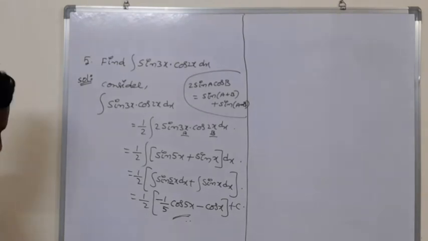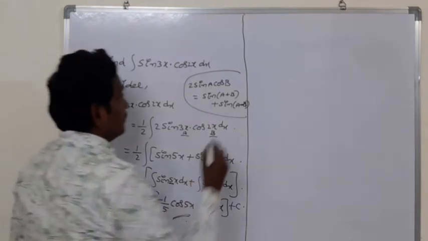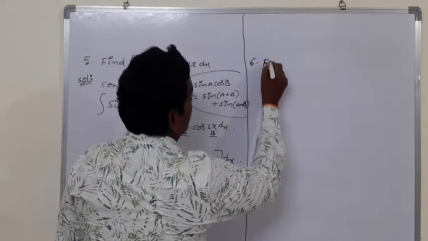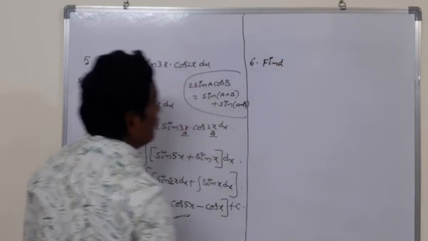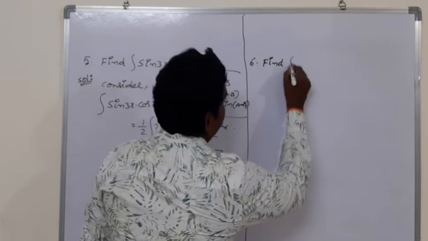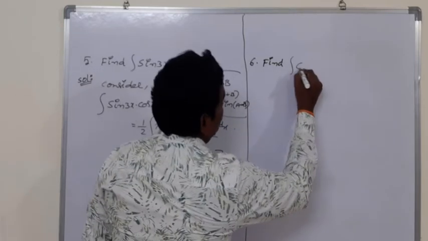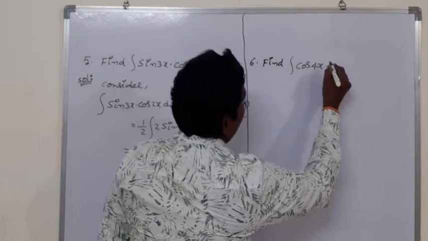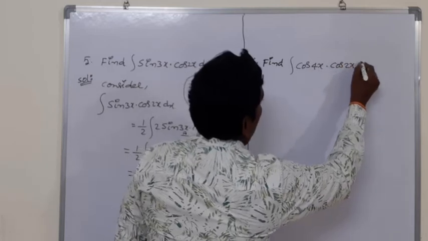Similarly, see the next problem. Find integration of cos 4x into cos 2x dx.